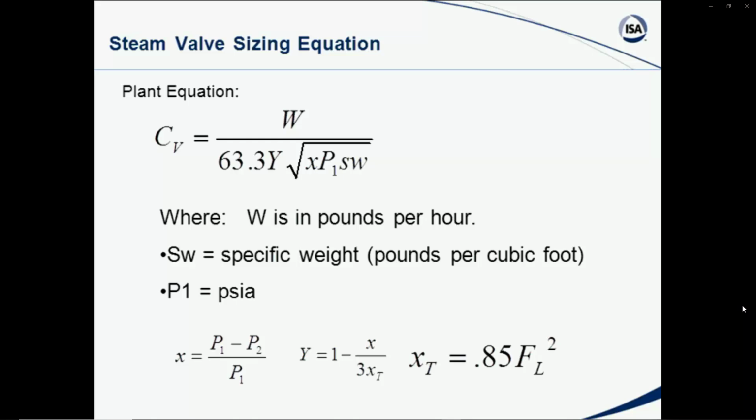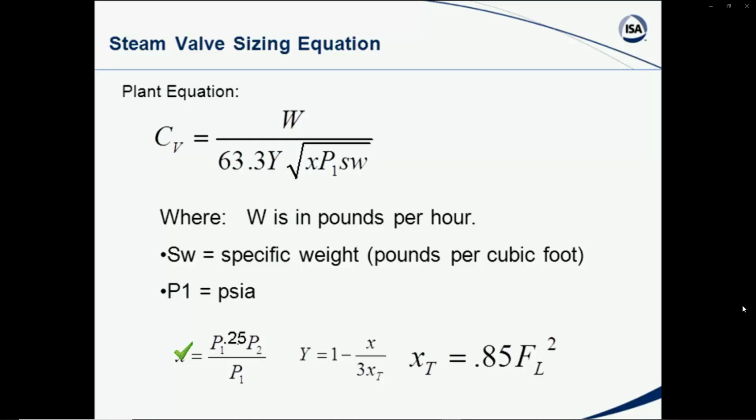Our X is going to be equal to delta P, which is 10, divided by the inlet pressure, which is 40 psi. So we get an X value of 0.25 if you calculate that out.